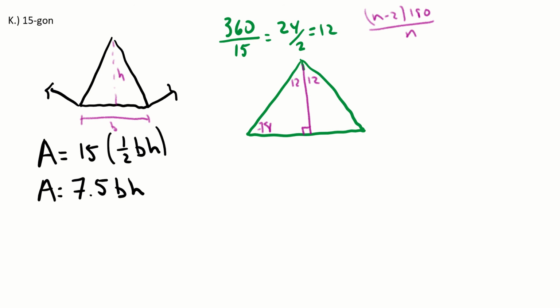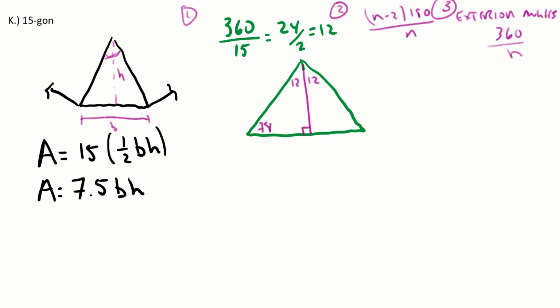Or you can use the exterior angles, knowing that the exterior angles add up to 360, and you divide that by the number of sides the polygon has. Either one of these will work. I just feel like finding this angle here is the easiest. Okay, so we know this is 78.